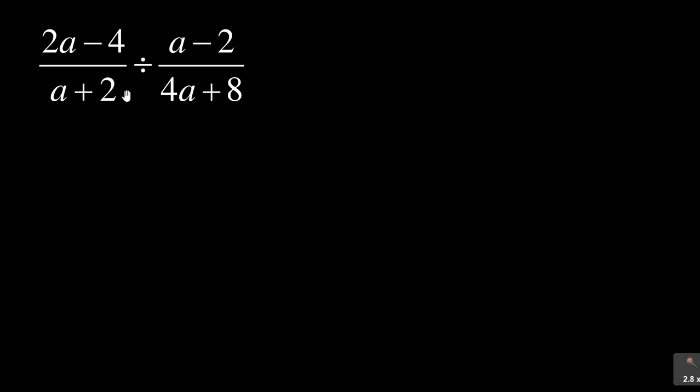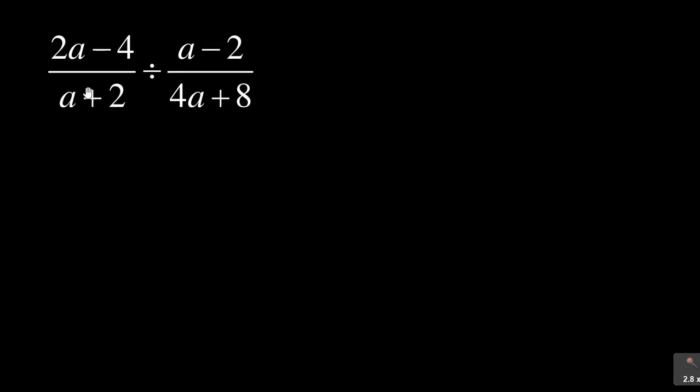You are given 2 fractions, which is (2a minus 4) over (a plus 2) divided by (a minus 2) over (4a plus 8). A few key things they're trying to test you here: do you understand division of algebraic fractions?